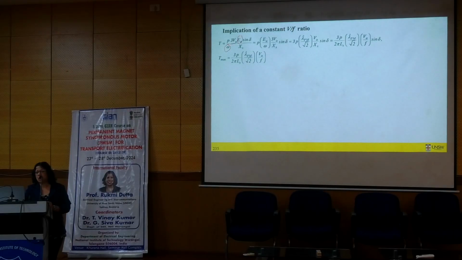So the ratio of these two quantities is actually your flux linkage, right? Because flux linkage times omega is your EA. So the ratio of EA over omega is the flux linkage. And in the case of PMSM, it's a constant value, the flux linkage of the PM or magnet.